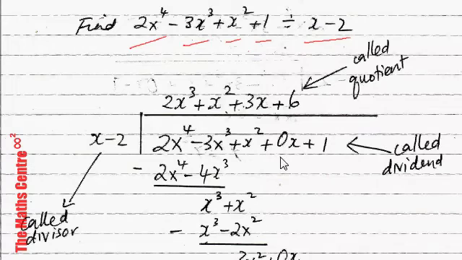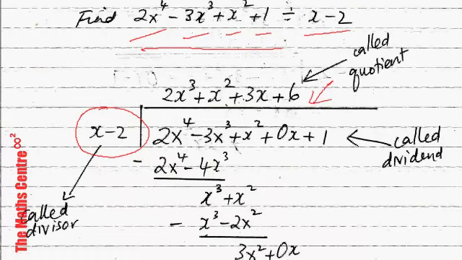Please note I have introduced plus 0x because there is no x term in the expression here, so I've introduced an x term to make the algebra simpler. This inside the box is called the dividend. This one outside here, x minus 2, is called the divisor, and what you end up with when you finish your long division is called the quotient.